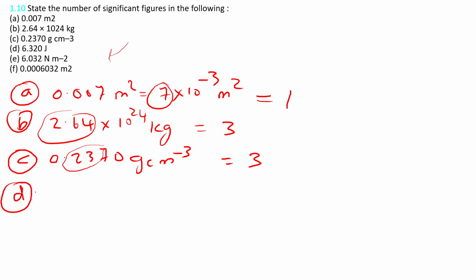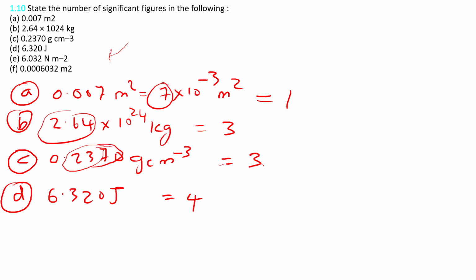Then option D, 6.320 joule. Here we have to include this 0 also, since it comes after the decimal point.